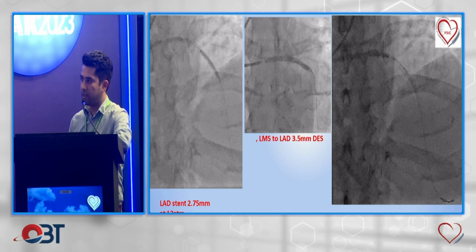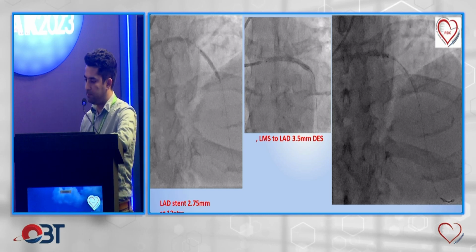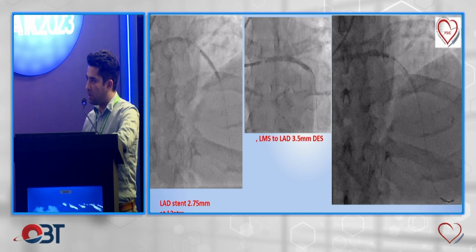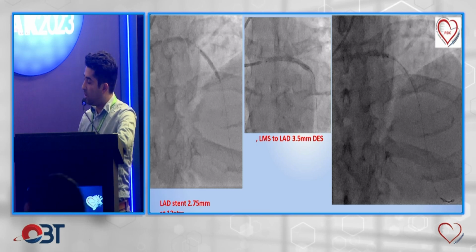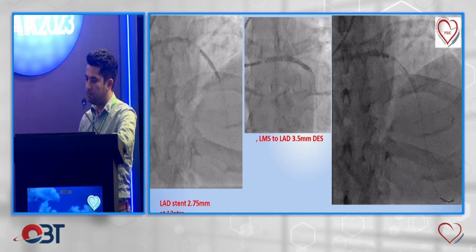An LAD 2.75 drug-eluting stent was deployed at 12 ATM, from ostial LMS to LAD, overlapping the second one. Another stent of 3.5 mm was placed at 12 ATM. At the same level, we pulled the balloon and played the same balloon at 18 ATM.